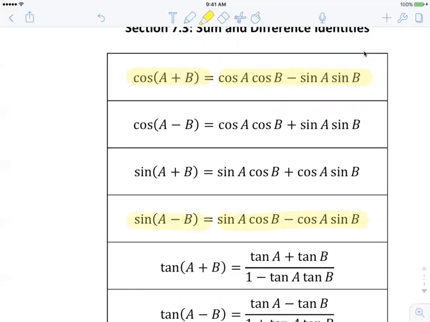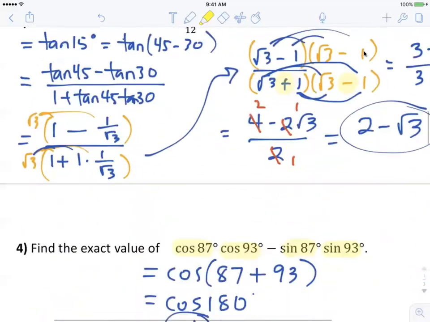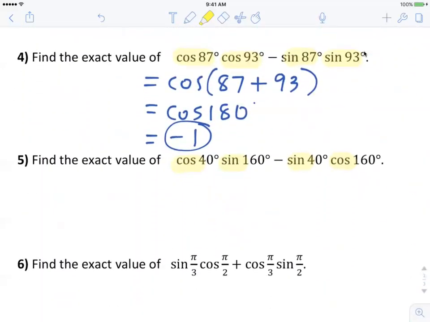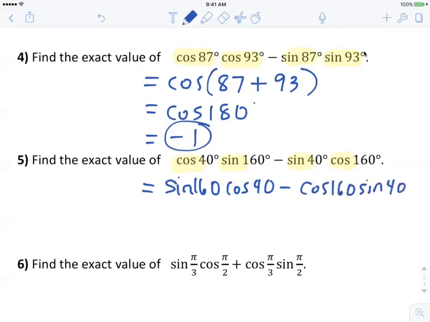I just have to do a little adjustment on the expression first to get it sine cosine, cosine sine with the angles reversed, right? So if I just flip-flop this around, which is legal, sine 160 cosine 40, right? Because multiplication is commutative, I can flip those around. And then same with those, cosine 160 sine 40. That's the same thing. And now it matches the identity precisely.